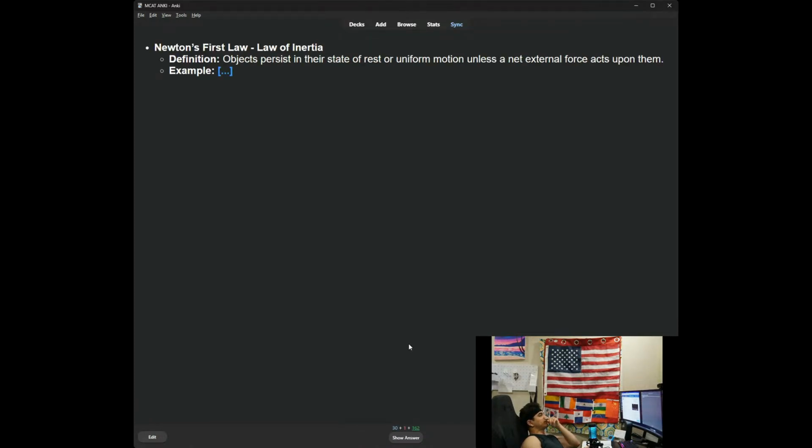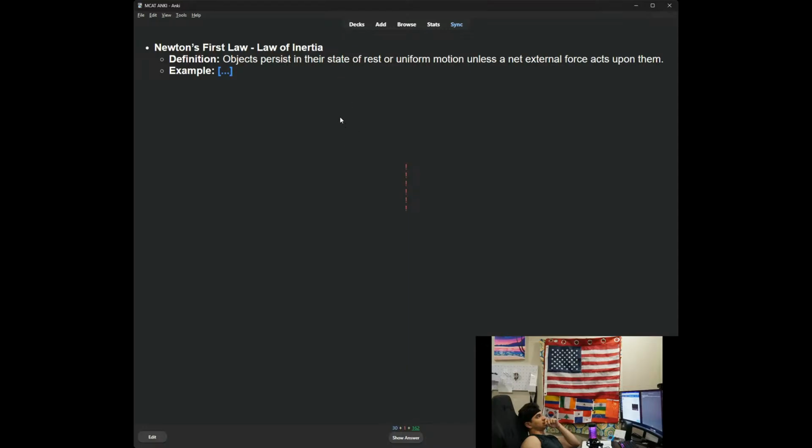Objects persist in a state of rest or motion. Example: we have inertia. Example: we have an object with bound sources.